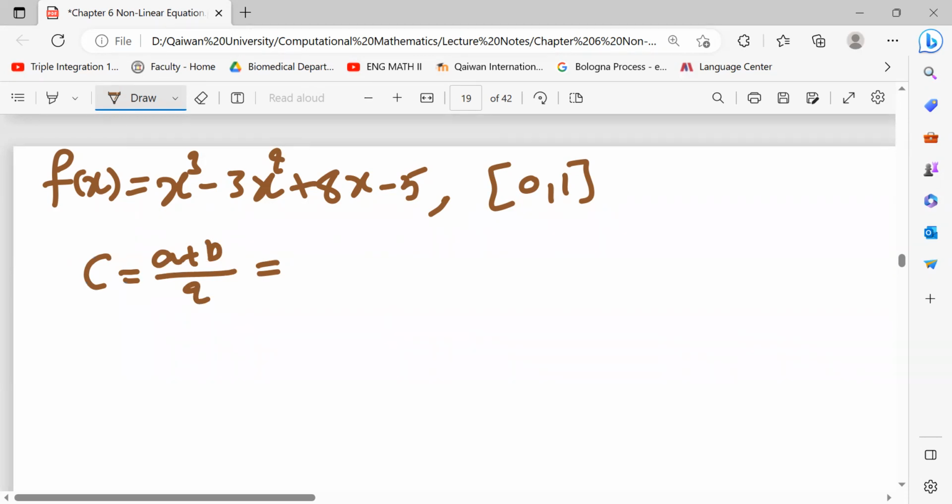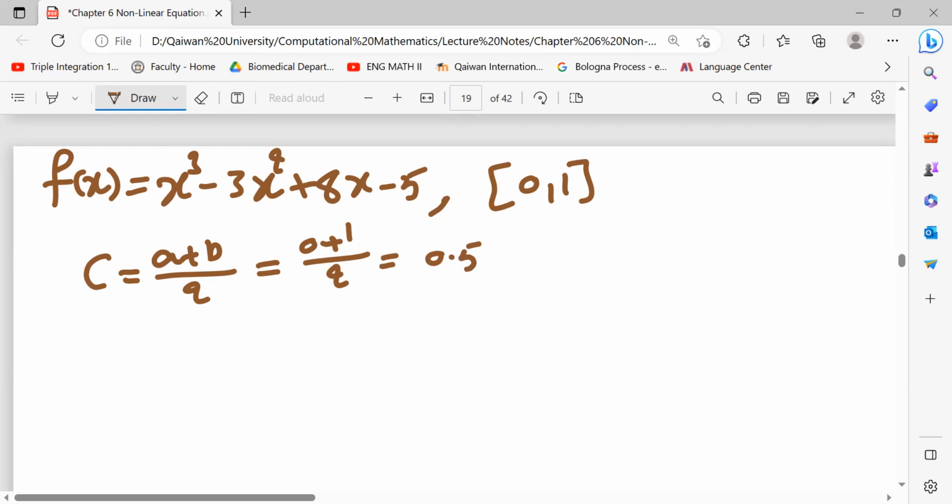So this is A and this is B. And C equals 0 plus 1 divided by 2, which is 0.5.